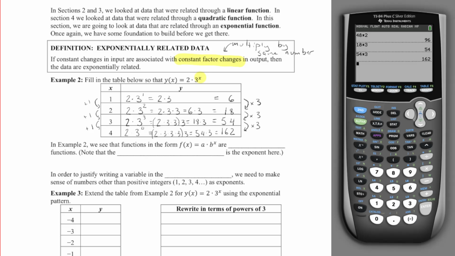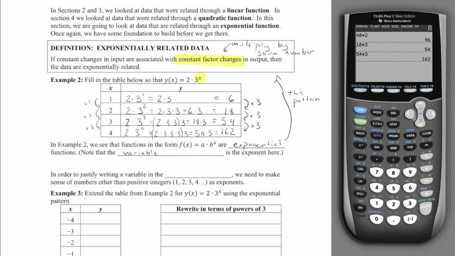So functions that can be written in the form a number times another number to the x power are going to be these exponential functions, meaning they have this pattern. And notice that we have the variable written in the exponent here.